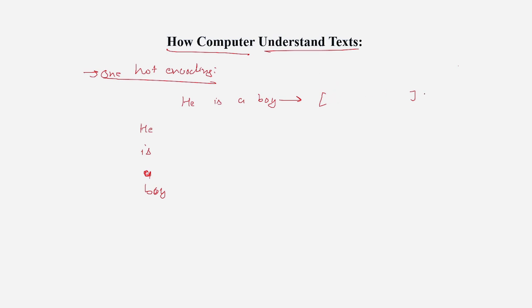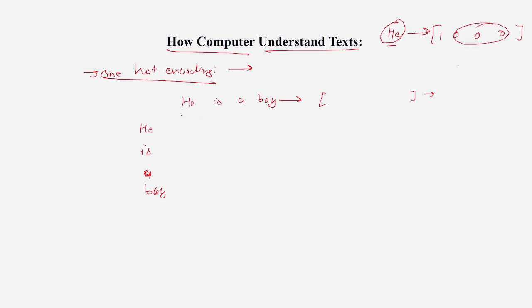This array contains the inputs as one hot encoding. Consider we have the word he. For the word he, we have a four-input array, and he is represented as 1, and the other words are represented as 0.